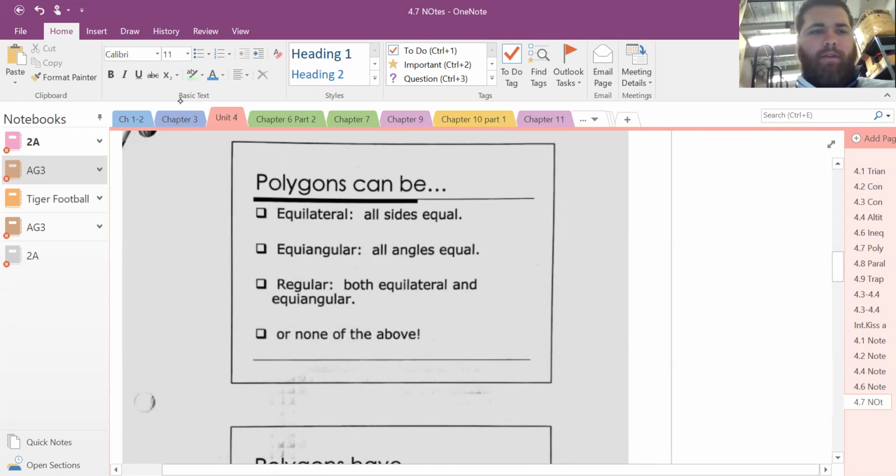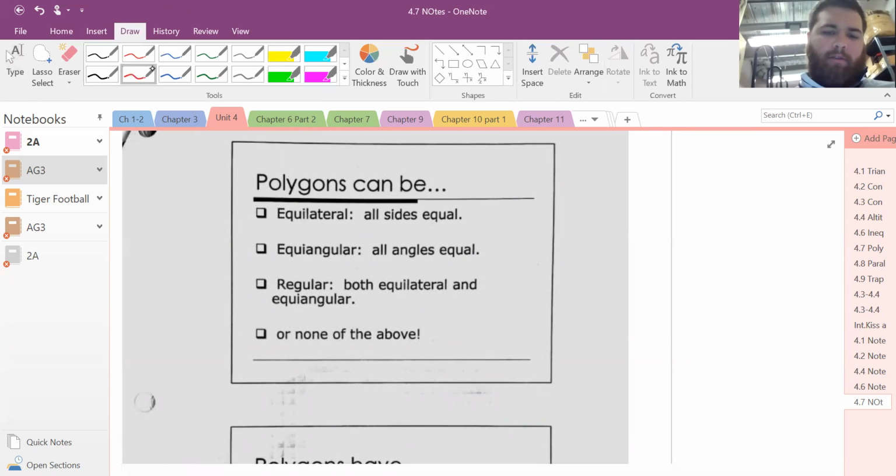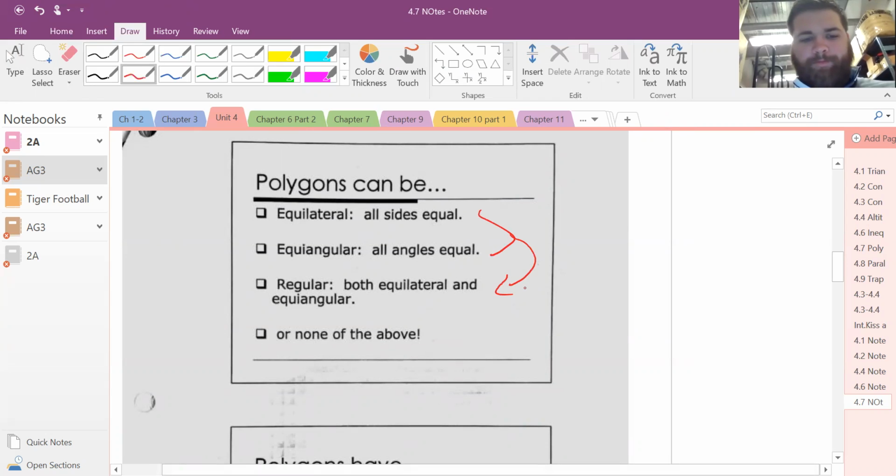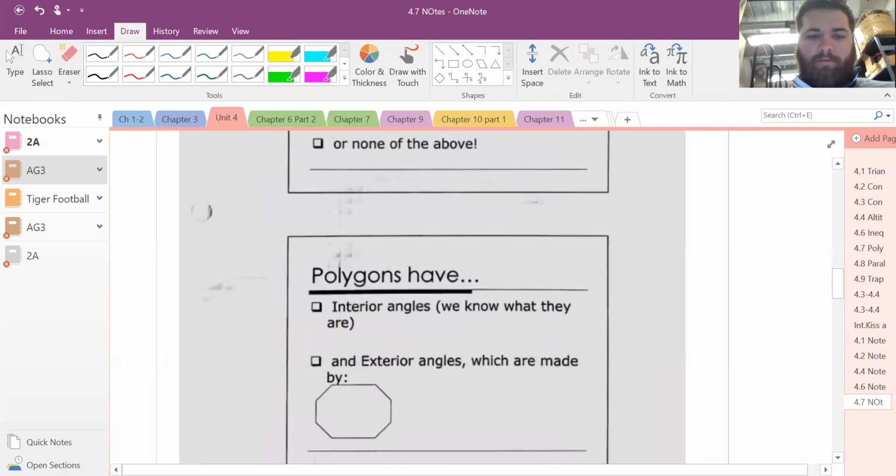Regular, they're both. So regular, you have both sides and angles equal. Or none, right? Polygons don't have to have all sides equal, like a scalene triangle. Not all sides are equal there, or angles.